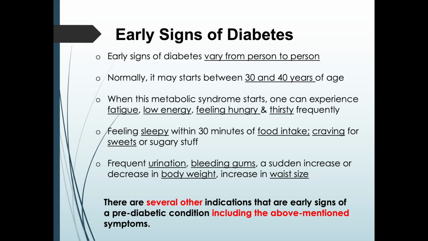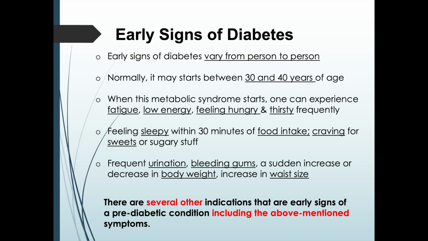Then only you will feel that something is wrong with my health. Until you go to the doctor and check your blood glucose level, you don't know. It starts between 30 and 40 years. Somewhere it can start any time, depending on your comorbidity and health conditions or genetic factors, but generally it starts around that time.